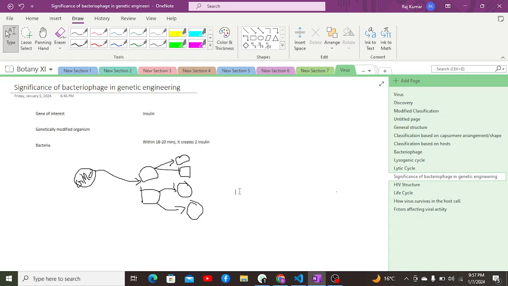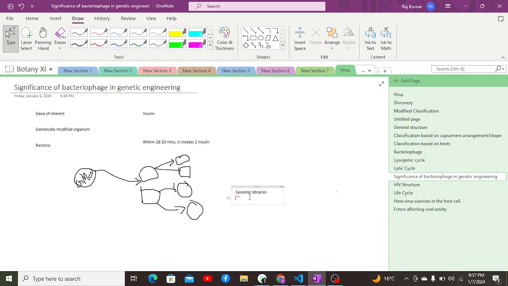Now, bacteriophages have such importance. Bacteriophages are first and foremost utilized in the formation of several genomic libraries. What are genomic libraries? Genomic libraries are basically libraries of bacteria and bacteriophages which contain multiple copies of different types of genes of a living organism. Let's suppose there is a genomic library of humans.